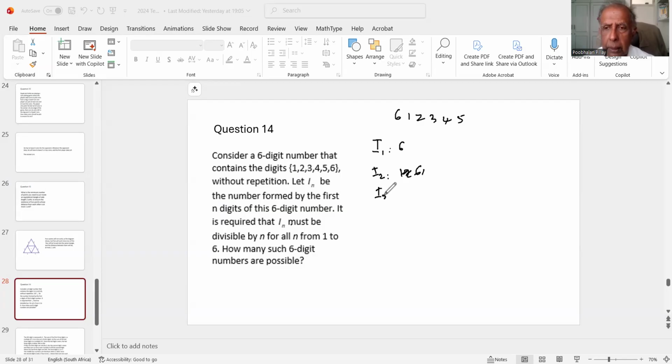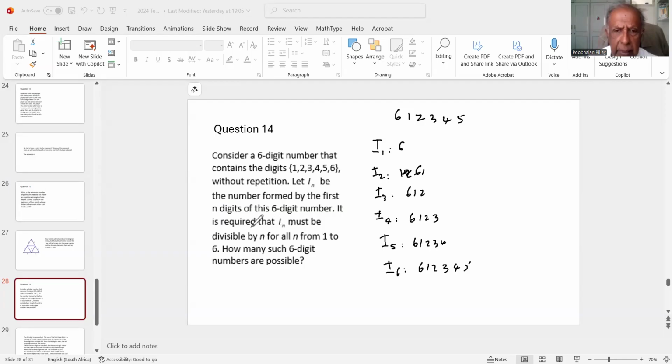And I3 is 612, I4, first 4 digits, are 6, 1, 2, 3, I5 is 6, 1, 2, 3, 4, and I6 is 6, 1, 2, 3, 4, 5. Right. So I_n is the number formed by the first n digits.